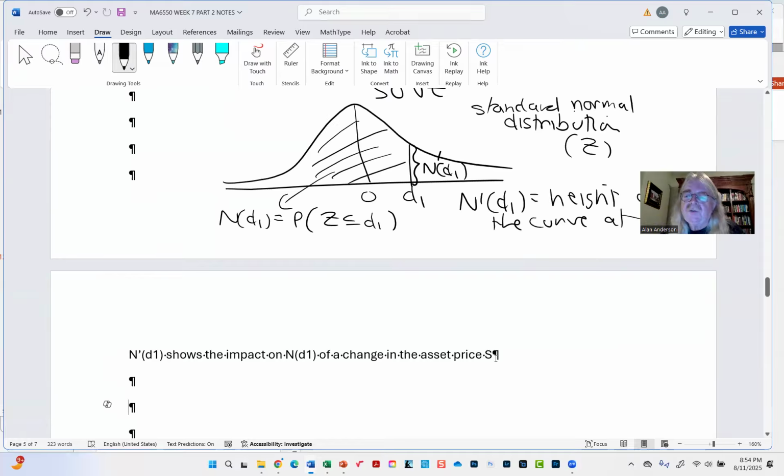If S changes, D1 changes, and then that affects this curve. So it means how much of a change there is on this probability if we move up and down that curve.